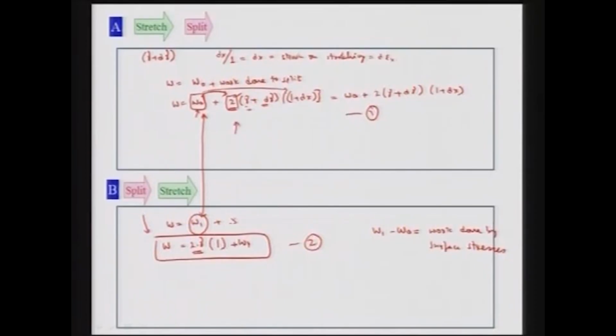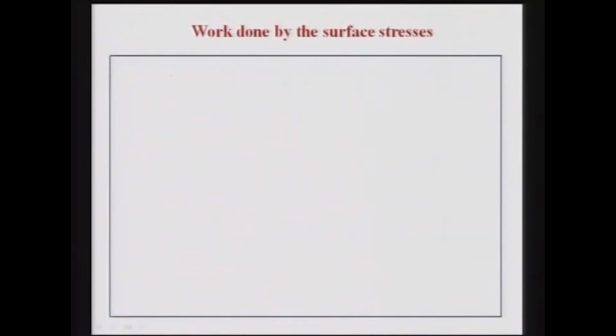In the first case, what is happening is we first stretch it and then we split it. So once we subtract the splitting and stretching minus stretching and then splitting, we are allowing some work done by the surface stresses.